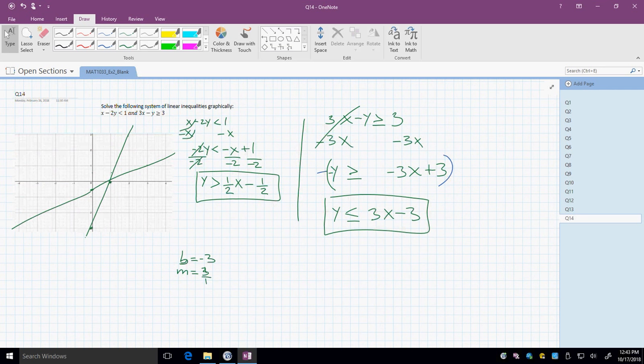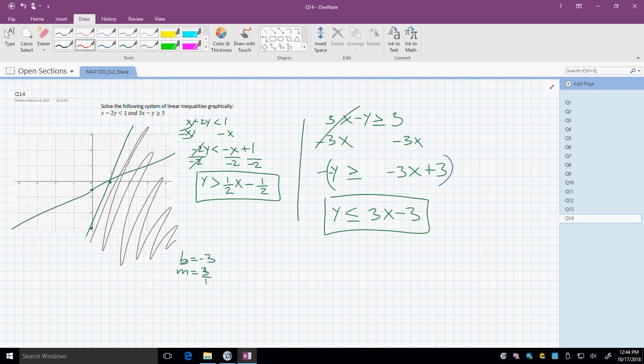Now the shading part. For that one, the negative 3 says that y is less than, so it will be underneath. And the other one is y greater than, so we're going to do maybe red.